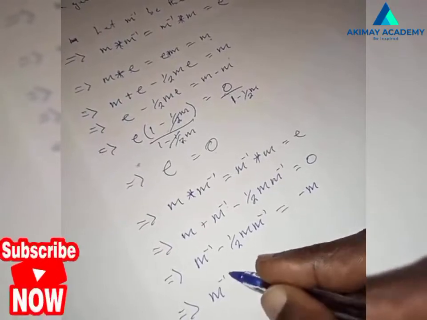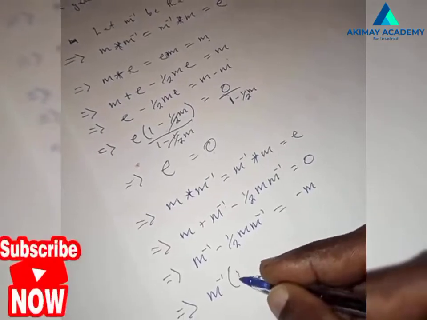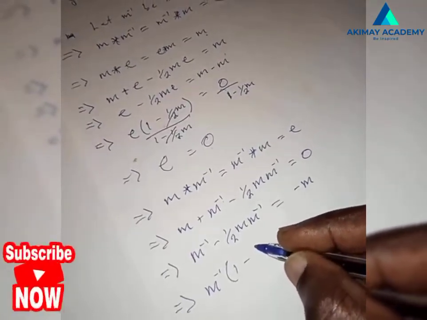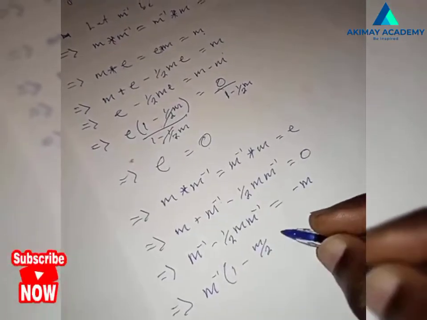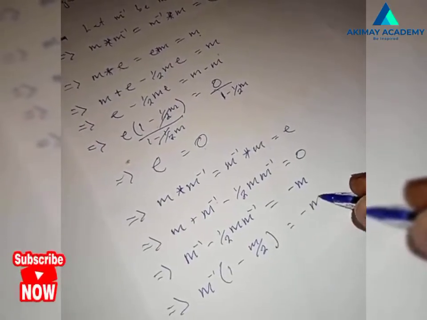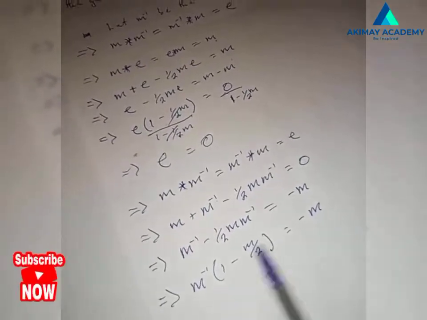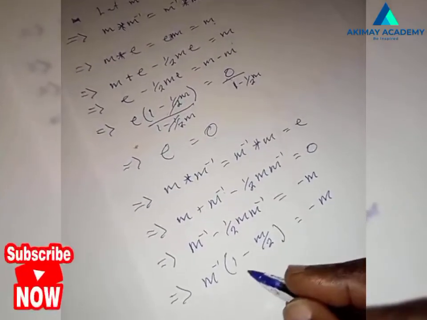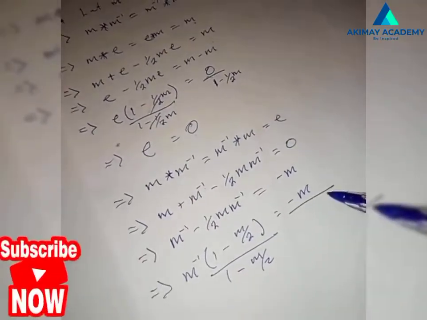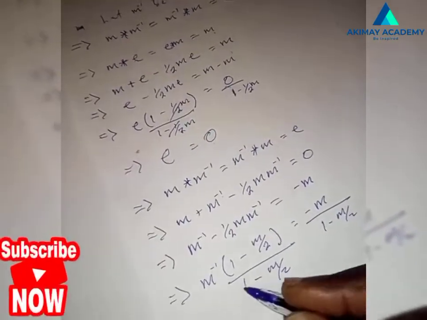Then we have 1 minus M over 2, which is equal to our minus M. Then we divide, because we are looking for our M inverse, this side by 1 minus M over 2, and this side also by 1 minus M over 2.